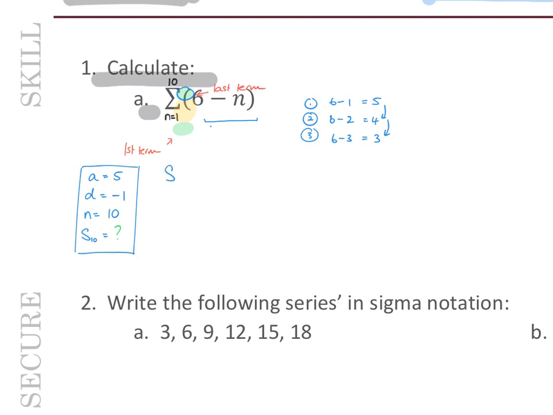My sum formula for an arithmetic series is given in the formula booklet, like so. So subbing into that with the information from our box, and then I'm going to put all of that in my calculator. So that equals 5.